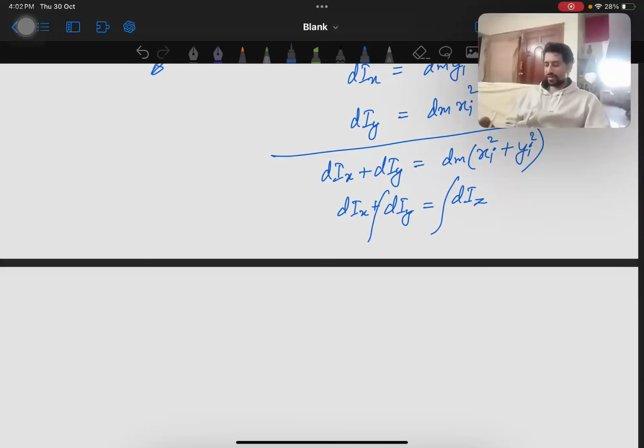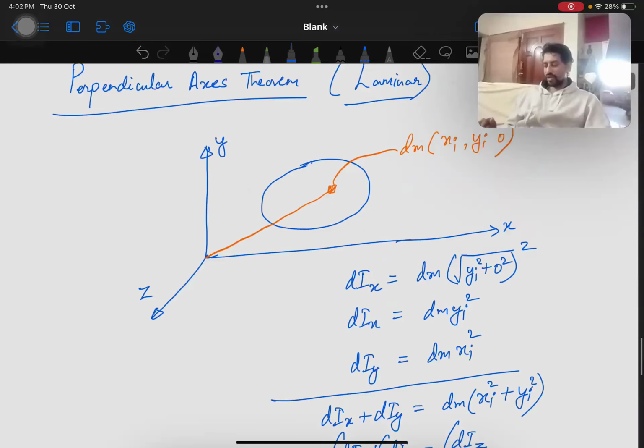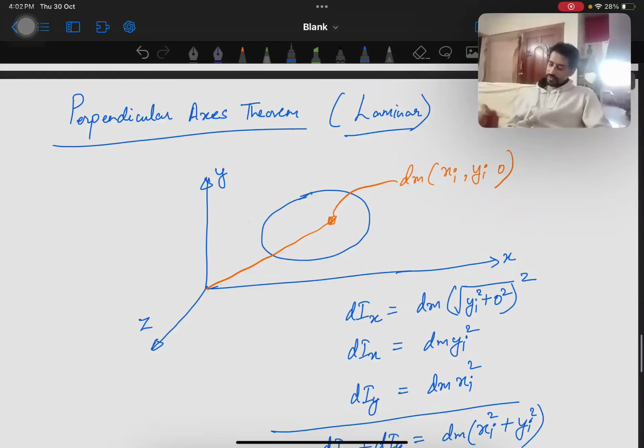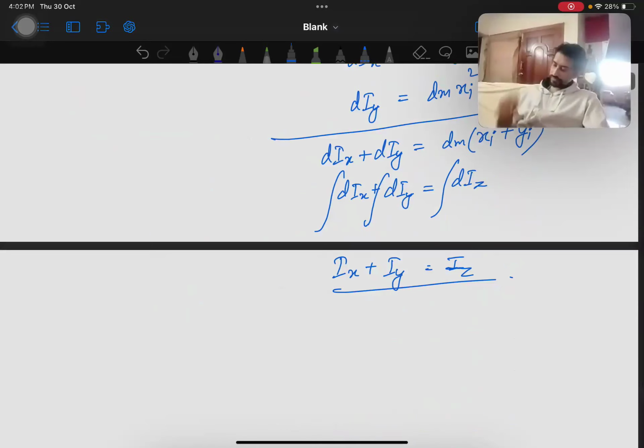On integrating, we observe that Ix plus Iy is equal to Iz. Fine. Now what are the conditions for which this is valid? Number one, the object must be in the same plane, one plane.